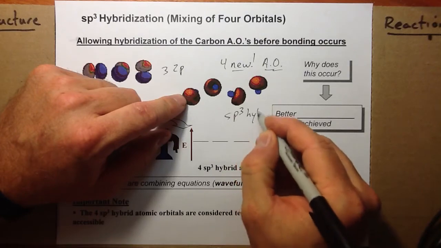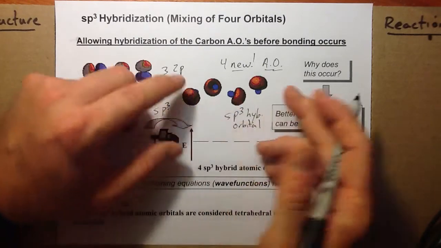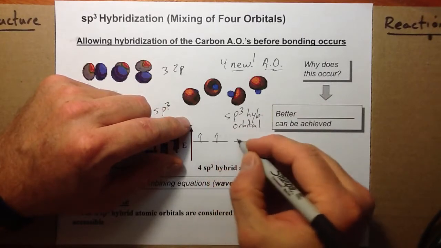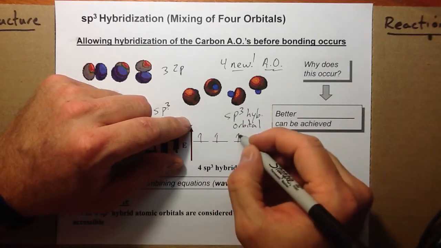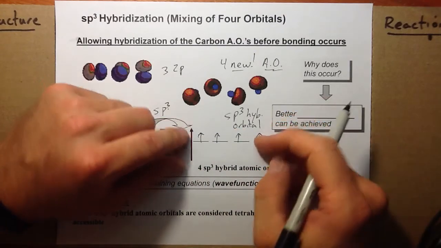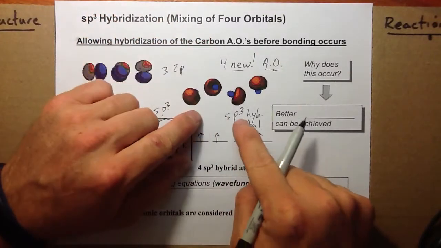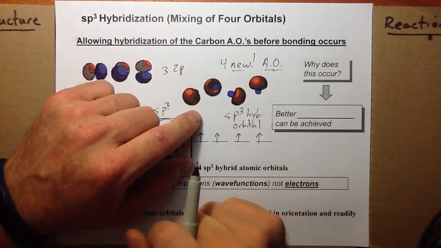These are 4 separated sp3 hybrid orbitals. And we can then, after that hybridization, consider the electrons that can be put back into those orbitals. They're just mathematical equations. And then we take carbon's now 4 new sp3 hybrid orbitals and use them for bonding.